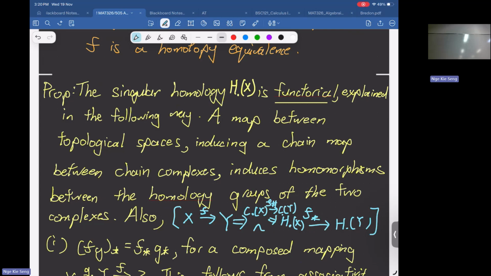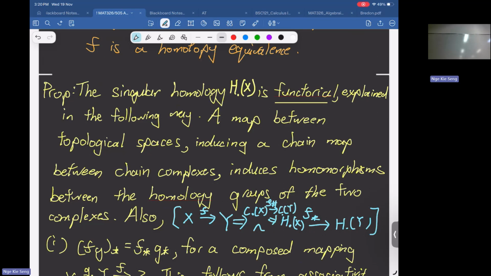Can you imagine what's the transition from chain complex to homology? Homology is defined by what? Kernel over image. Okay, so you need to show something is well defined there.